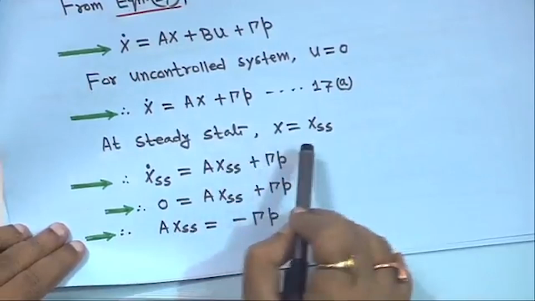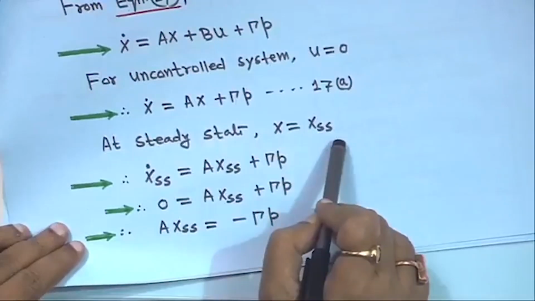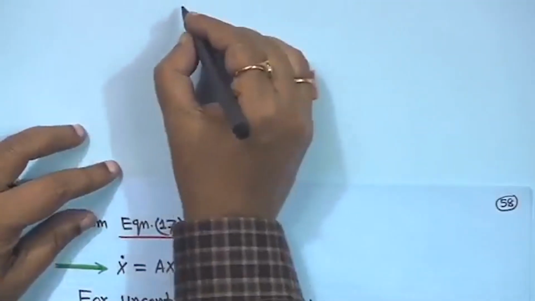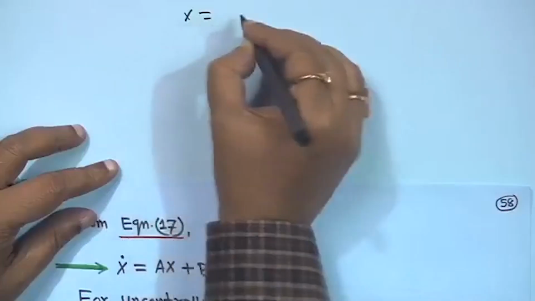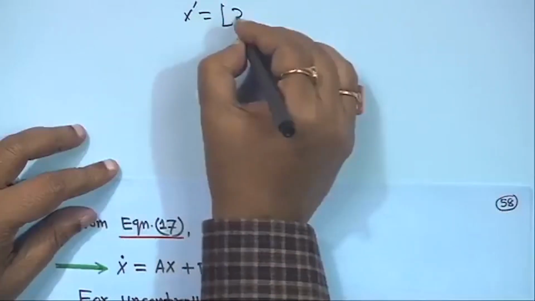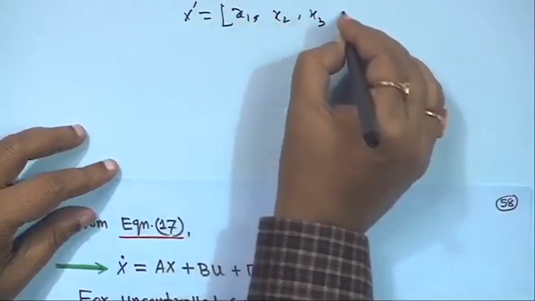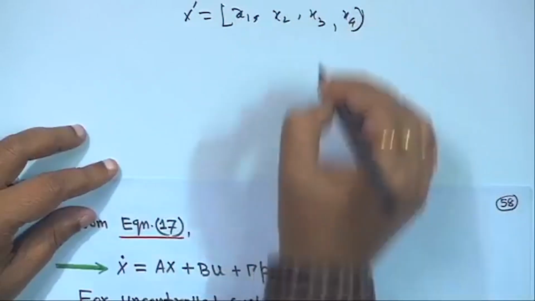So, at steady state x is equal to x s s. That means all the state variables. For example, just for your understanding, x transpose is equal to x 1, x 2, x 3, x 4.